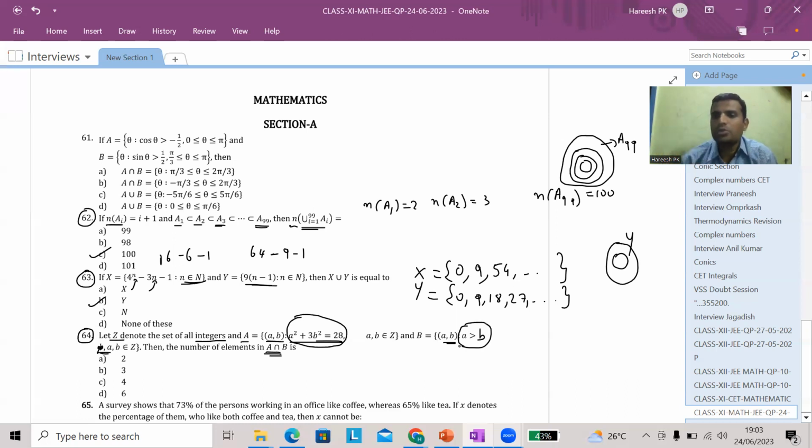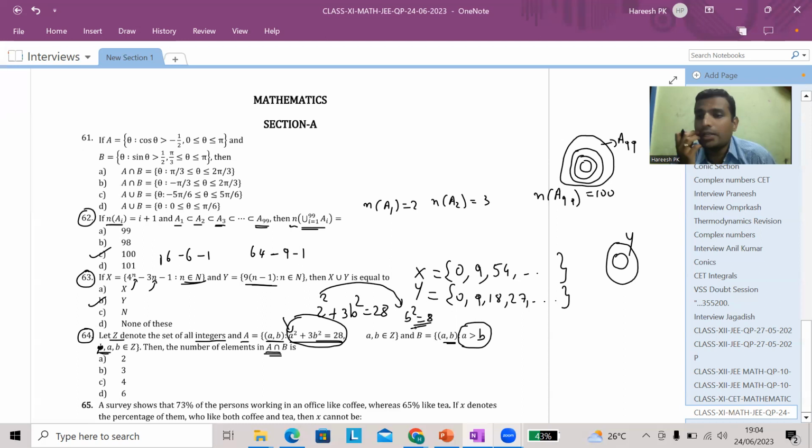So directly let us choose only such options. So a should be greater. Can I put a as 2? If I put a as 2, 2 square plus 3b square is 28. So when this goes here, you will get 24, so b square is 8.